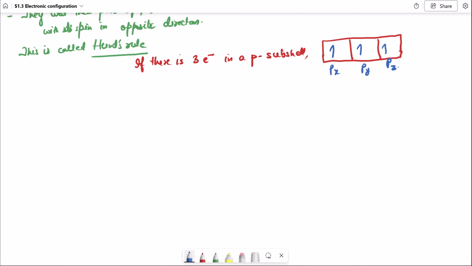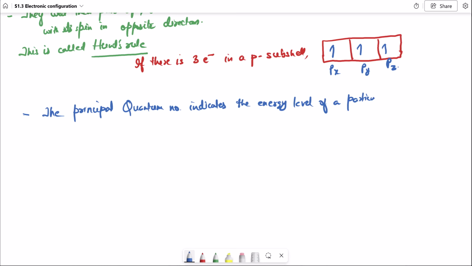So we can say that the principal quantum number indicates the energy level of a particular shell, but also indicates the energy of the electron in that shell. So this is a very important point.